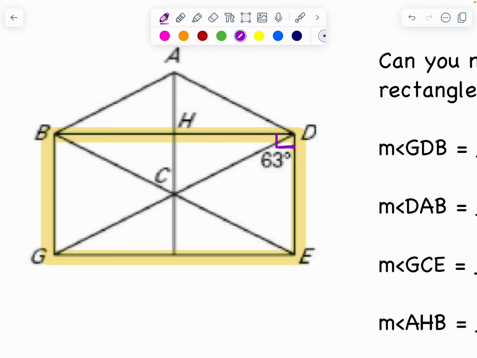Well, I'm gonna start here, because I know rectangles have 90-degree angles, right? So that obviously means that this guy is going to be 27 degrees next to him. But I also know that the diagonals are congruent.